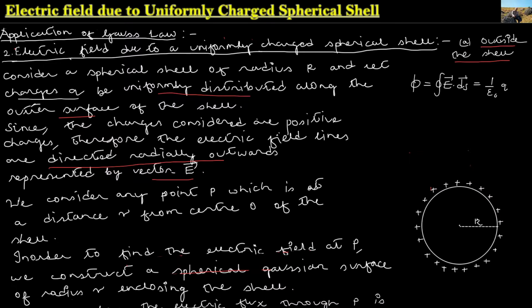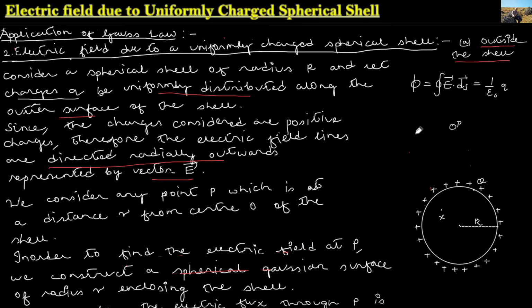For instance, if I consider this point P over there, this is a point outside the surface. If I consider another point Q, this is on the surface. And if I consider another point X, this point X is inside the spherical shell.